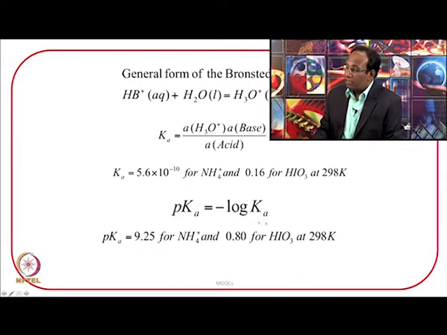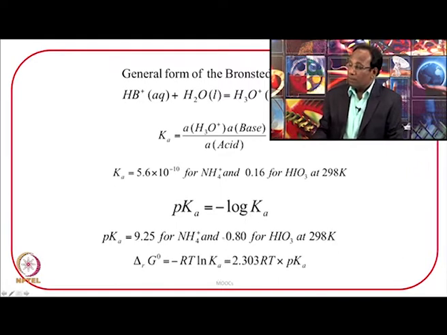And since Ka is an equilibrium constant, these values can also be manifested in delta G naught. Delta G naught is minus RT log K, and if you convert this natural log into log base 10 and put minus log Ka as pKa, and substitute over here, we end up with this relation, 2.303 RT pKa.